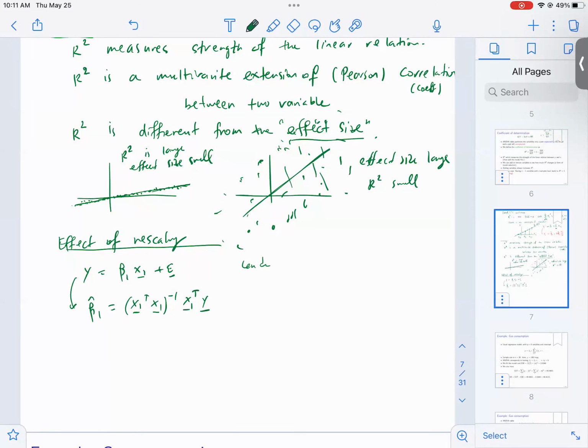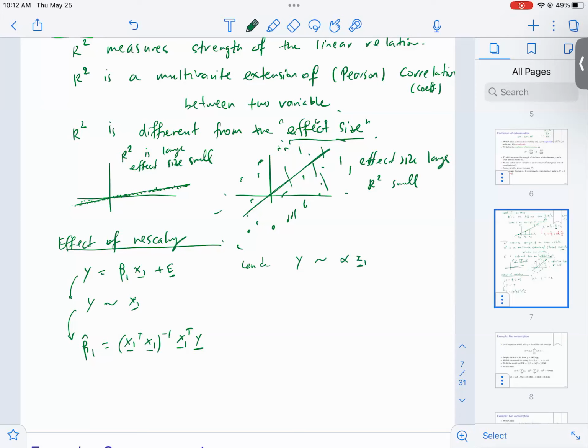Now I'm going to consider regressing Y onto... if you have this model, I'll write it like this. So that's the underlying model, but the regression would be Y regressed on X1. So that leads to this. Now I regress Y onto, let's say, alpha X1, where alpha is a constant.